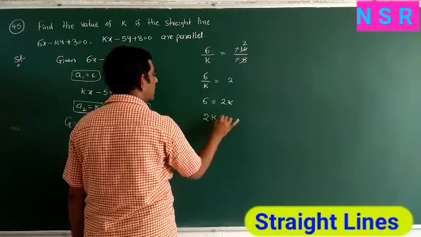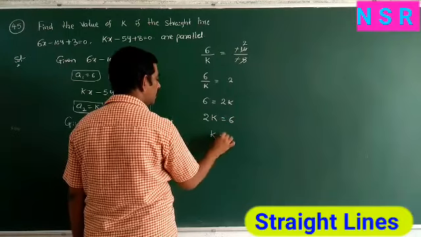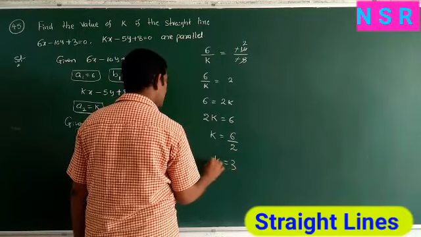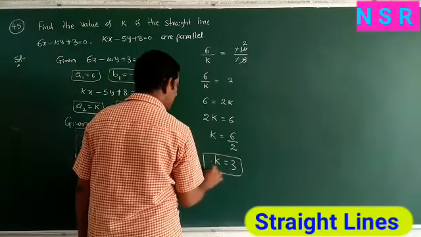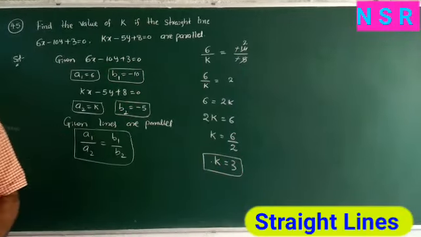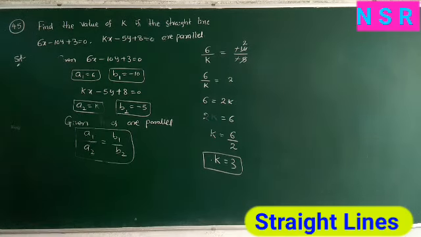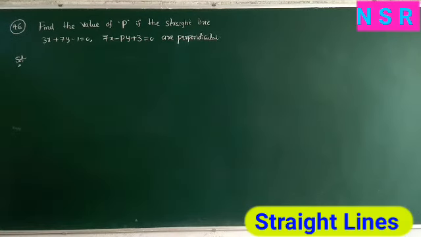Now 2k equal to 6, k equal to 6 by 2, therefore k equal to 3. So this is the value of k. If two lines are parallel, what is the condition? a1 by a2 equal to b1 by b2. Remember this condition.